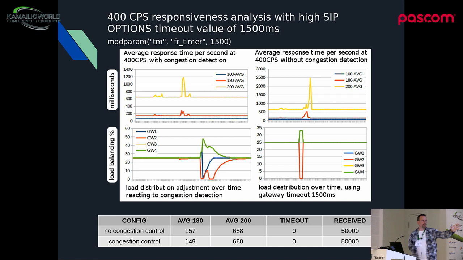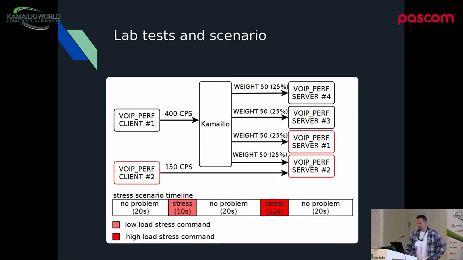Normally they should be well aligned, like this would match this problem, and this one would match this bigger problem. And what we can see is that gateway number 1 and 2 are where we did detect problems, and gateway number 2 was having more problems. As we can see here, gateway number 2 is loaded with an extra 150 CPS, so it's normal that it's experiencing even more problems.